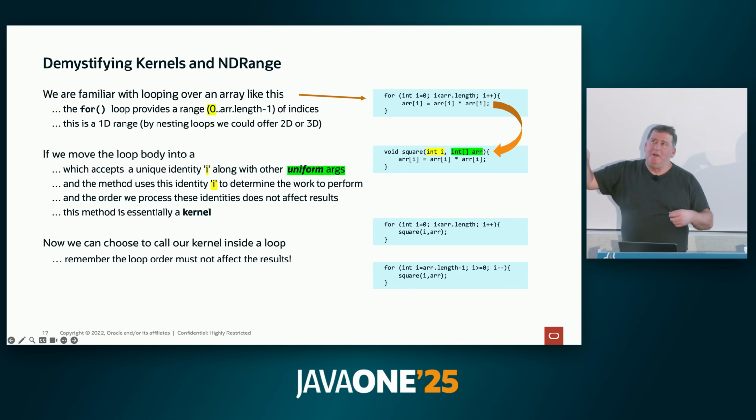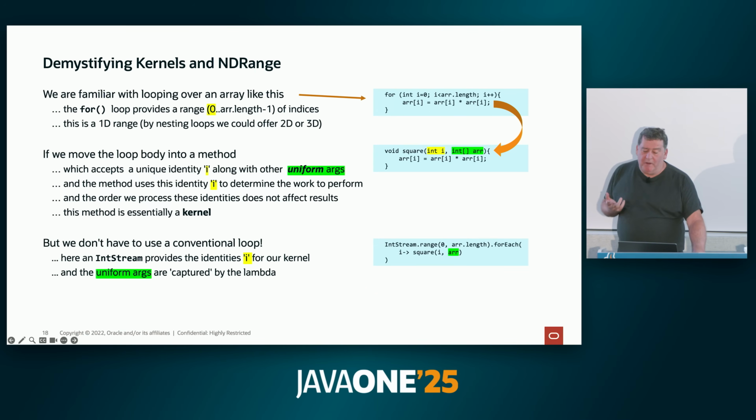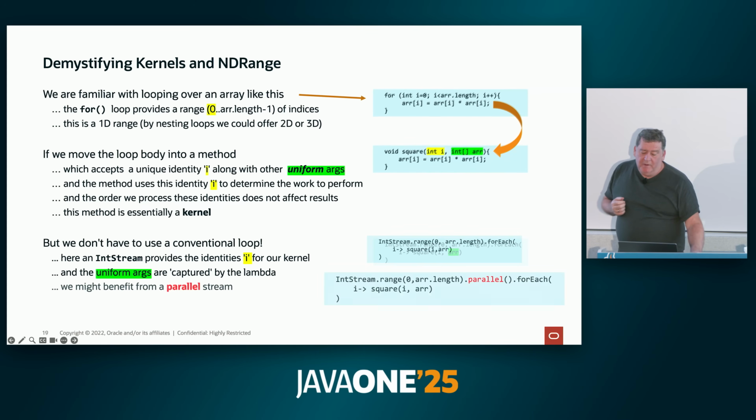I could take an int stream of random numbers, and I could actually pass them in as the indexes, and it would still work. So here we are, instead of using a loop, we're going to use an int stream to create each of the indexes that we're going to use. We don't require a loop to be created for us. We can just use a lambda and sit within the lambda.